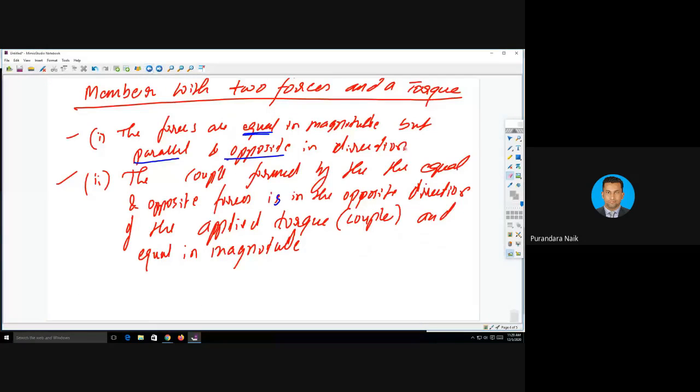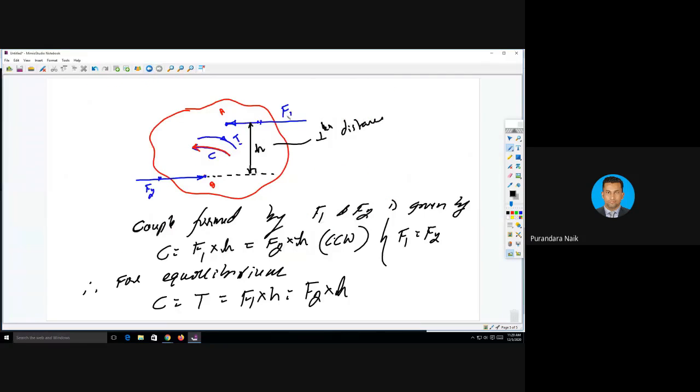First condition, the forces we have applied on this body, F1 and F2, must be equal, parallel and opposite. These three conditions are satisfied. So I have drawn them parallel and in opposite direction. That is the first condition satisfied.